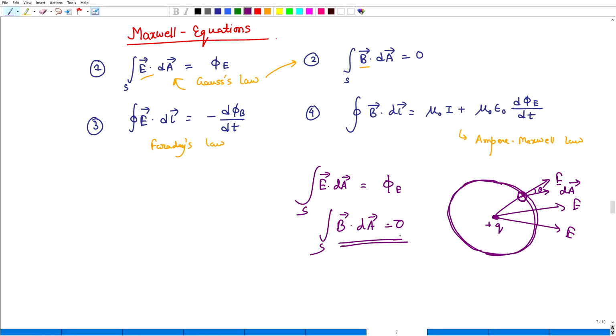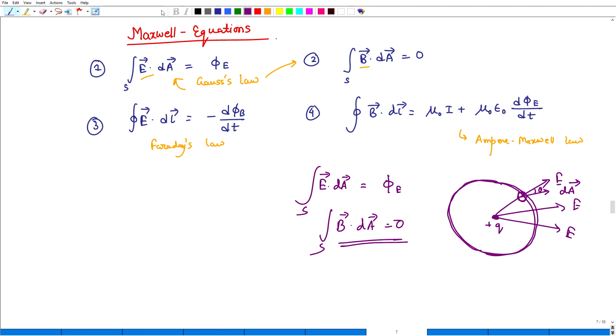It may be that in future we can have a magnetic monopole as well, in which case we have to revise our law, but as far as we know there is no magnetic monopole. So if there is no magnetic monopole, there is no chance to have a net magnetic flux through a closed surface, except the dipole. So this is the second law, that B dot dA is 0.